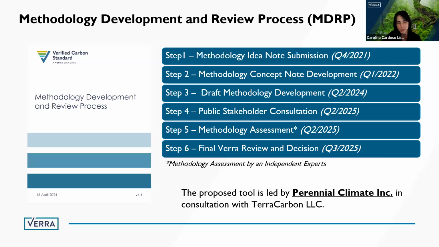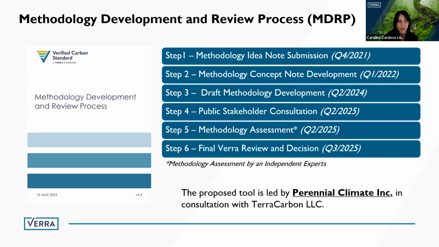Any proposed new methodology, modules or tools are developed through the process set out in the MDRP. Here to the right, you see the main steps of this process. There are in total 6 steps. Step 1 is methodology idea note submission, step 2 methodology concept note development, step 3 draft methodology development, step 4 public consultation, step 5 methodology assessment, and step 6 the final Verra review and the final decision.